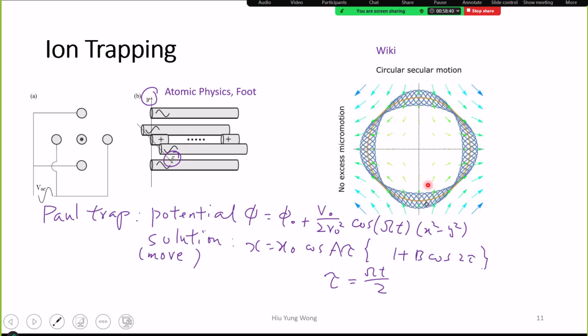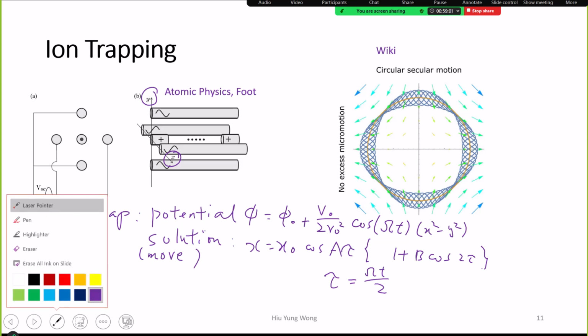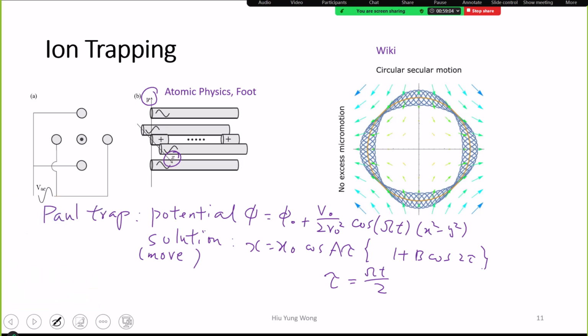Under this Paul trap, the trapped ion is going to move according to this curve. It will oscillate, but it always moves around this circle, right? And that is how we trap it. So the A is the frequency of the overall motion, right?